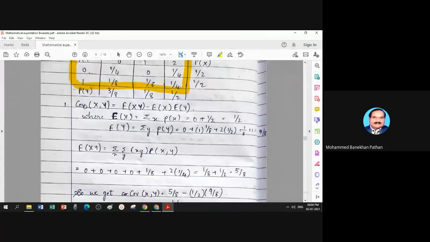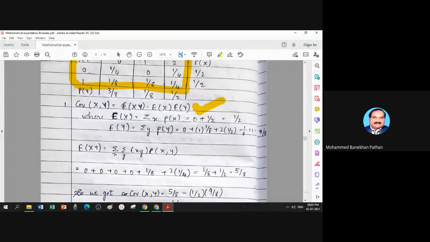I told you at that time the original is useful for theoretical results and the simplified one is for calculation purposes. So this is the simple definition of covariance. To get covariance, I have three calculations: expected value of X, expected value of Y, and then the product.